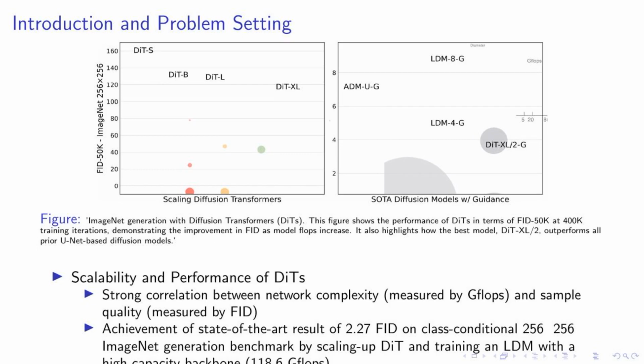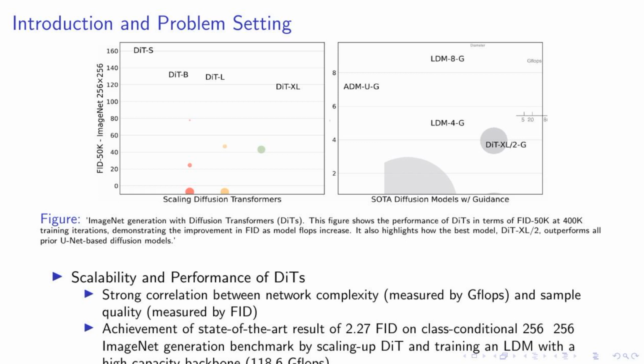In this slide, we delve deeper into the scalability and performance of diffusion transformers, or DiTs. As you can see from the figure, there's a strong correlation between network complexity, measured in Gflops, and sample quality measured by FID. This correlation is a testament to the scalability of DiTs.